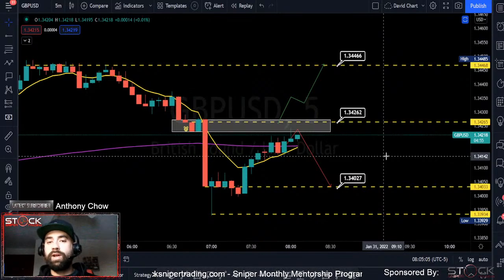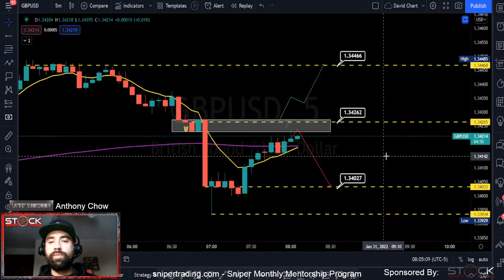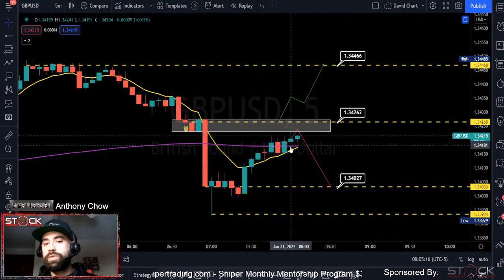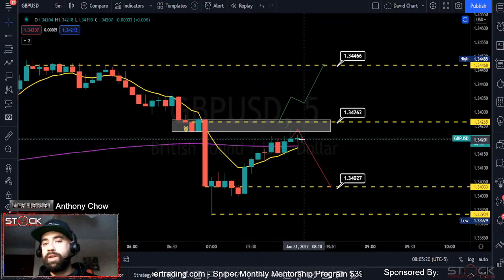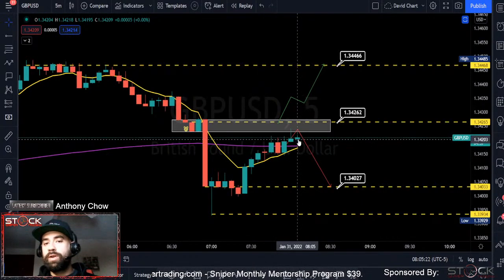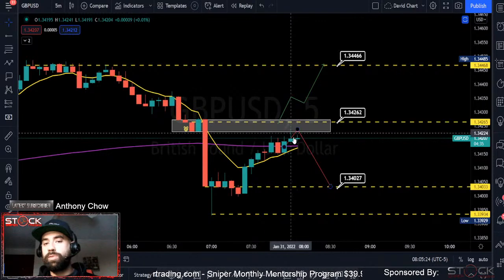Okay, so here's the 805. This candle closed above the 200. Then you have a doji candle here, and then you're looking for the next move in this area.